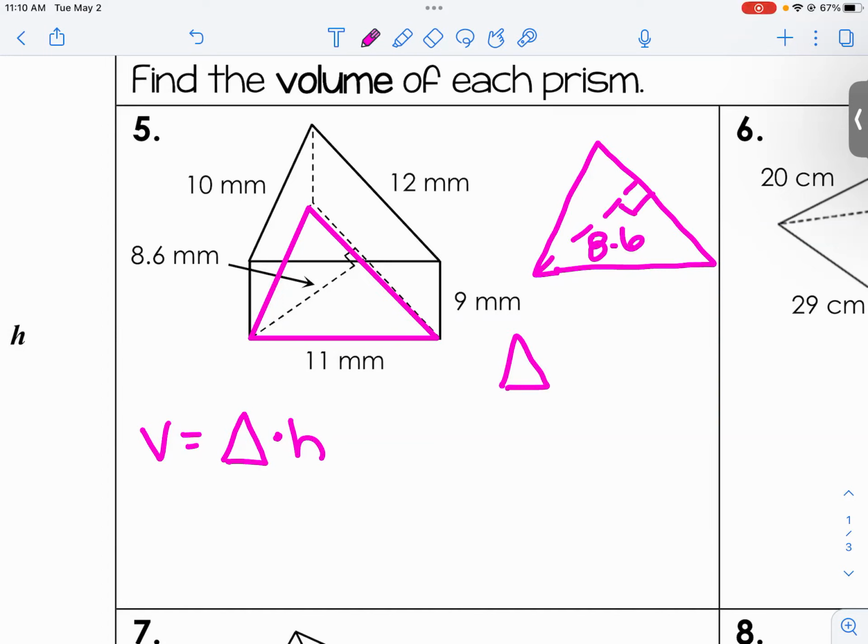That is signifying that that's the height of that triangle. So if this is the height of the triangle, that means this needs to be the base. How long is this edge right here? It's 12 because it's the same as this guy right here. So I'm gonna label this 12. I'm just redrawing this triangle over here. So when I find the area of this triangle, we're gonna take 1/2 times the base times the height.